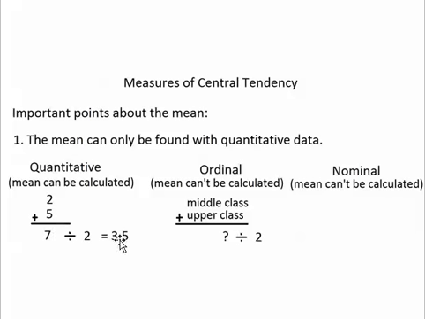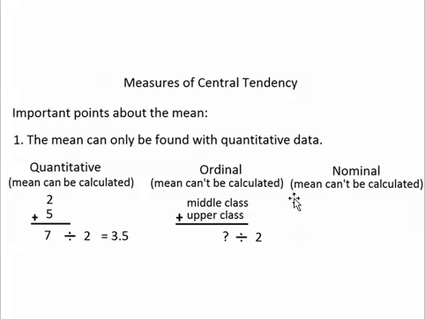If you have ordinal data, which means you're recording categories that follow an order, like lower, middle, and upper class, you can't find the mean of those types of values because you can't add them.